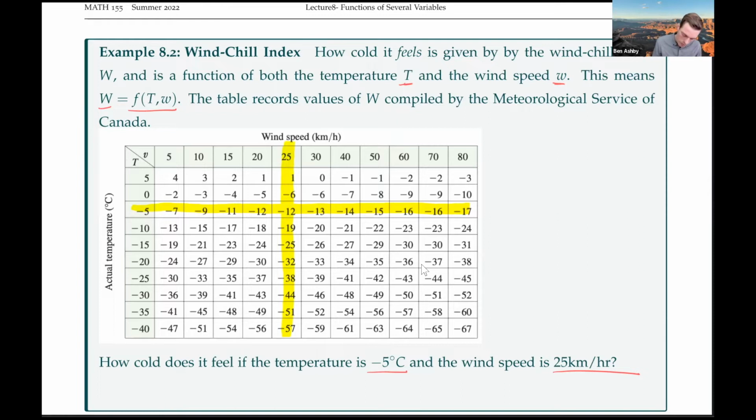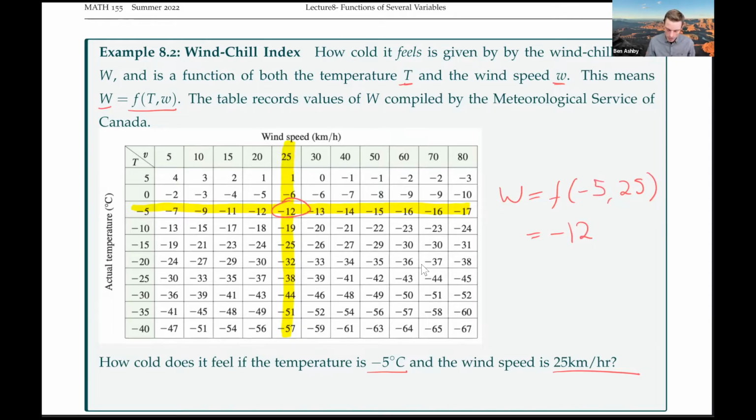So our wind chill, W is equal to f of T, W, where T is -5 and W is 25. Well, we can just read it off here. It's going to be -12. So it's this entry here at the intersection.